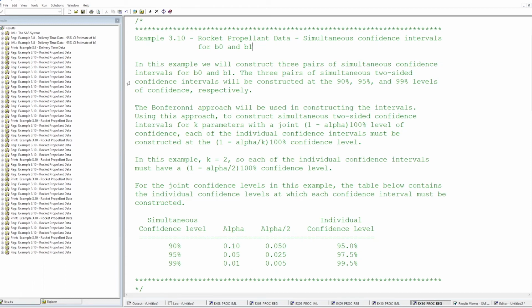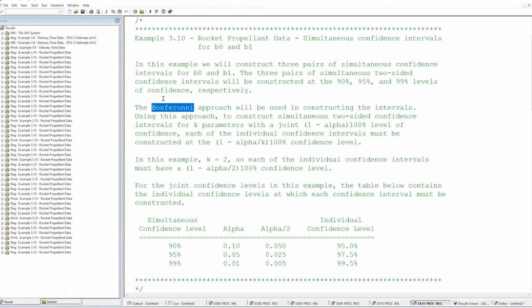In the book, in this example, they construct simultaneous 90% confidence intervals, but we're going to go ahead and add 95% and 99% intervals as well. Now, the Bonferroni approach will be used in constructing these simultaneous confidence intervals.